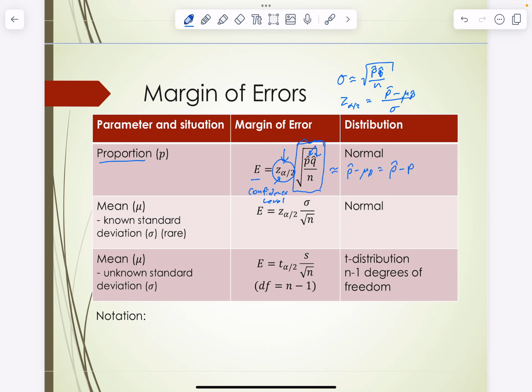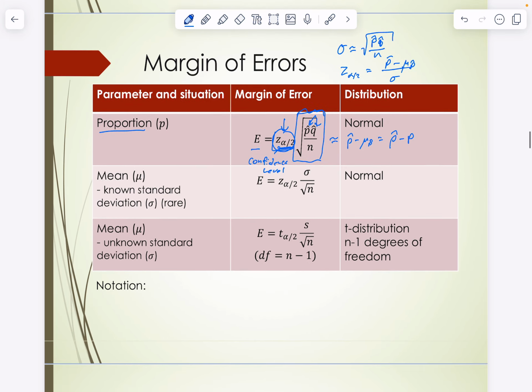And so this error does in fact give us this difference. This critical value ensures that the difference is within E with probability 1 minus alpha.